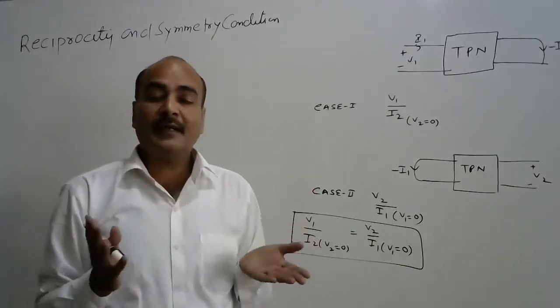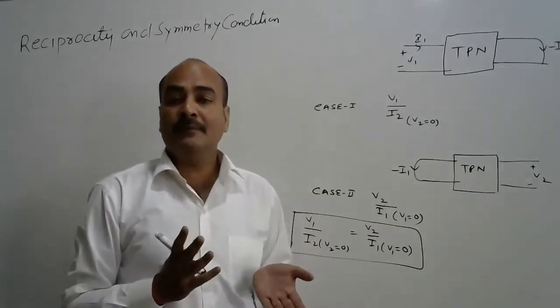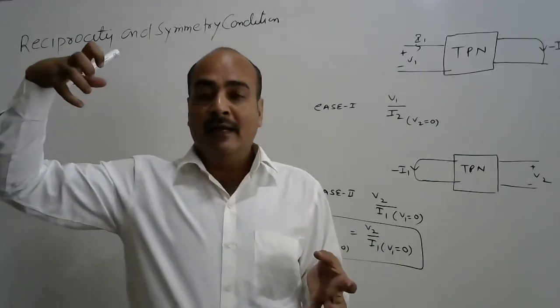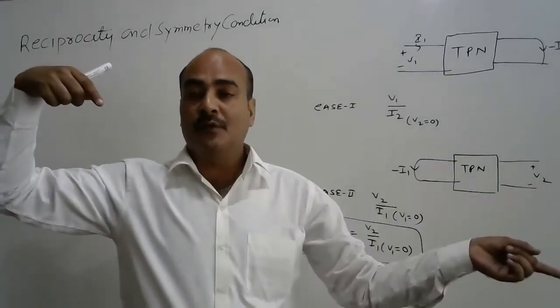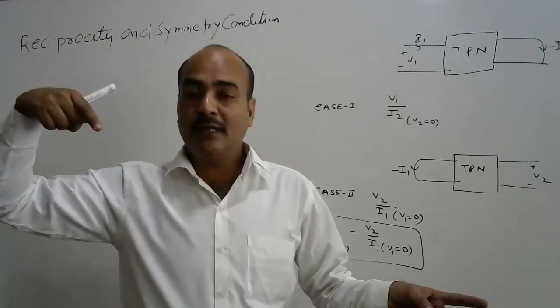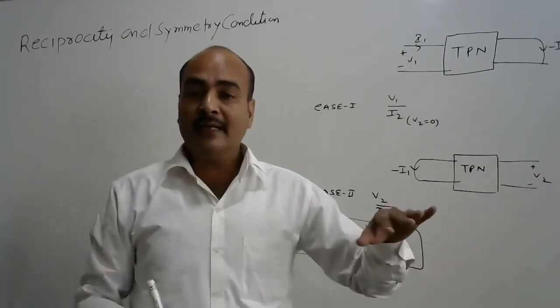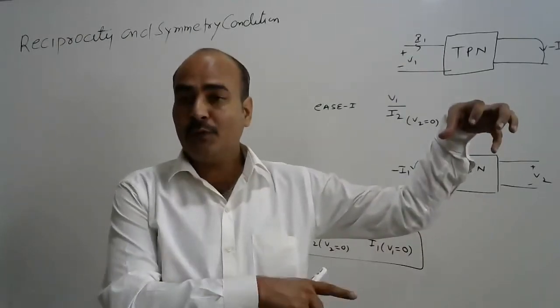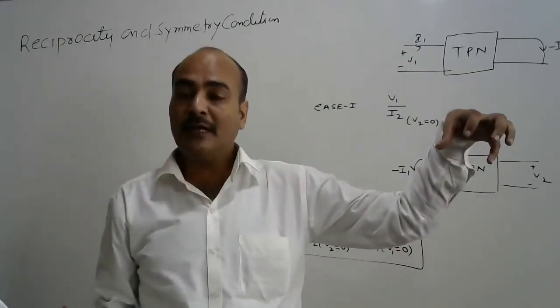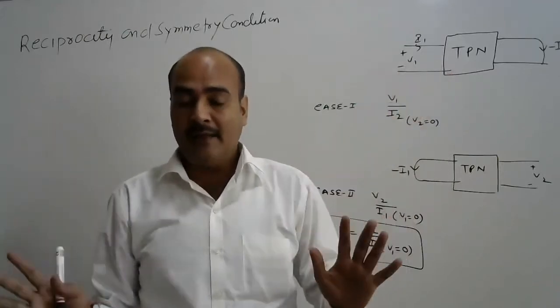So what is the conclusion of the reciprocity theorem? That the excitation at the input terminal to the response at the output terminal, and in the second case the excitation at the output terminal to the response at the input terminal, are the same.